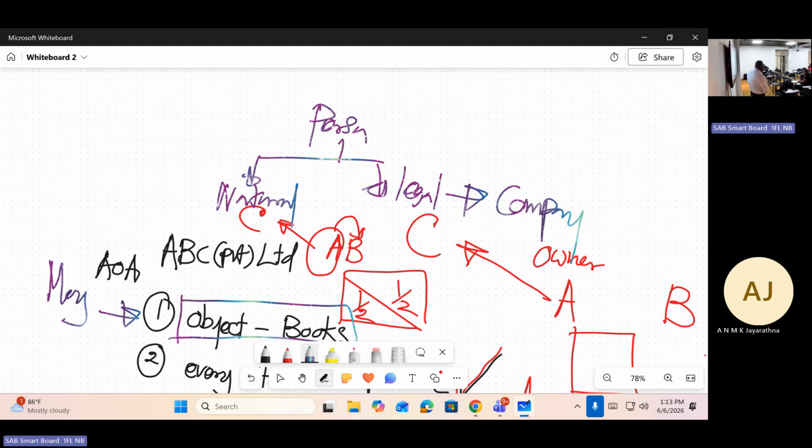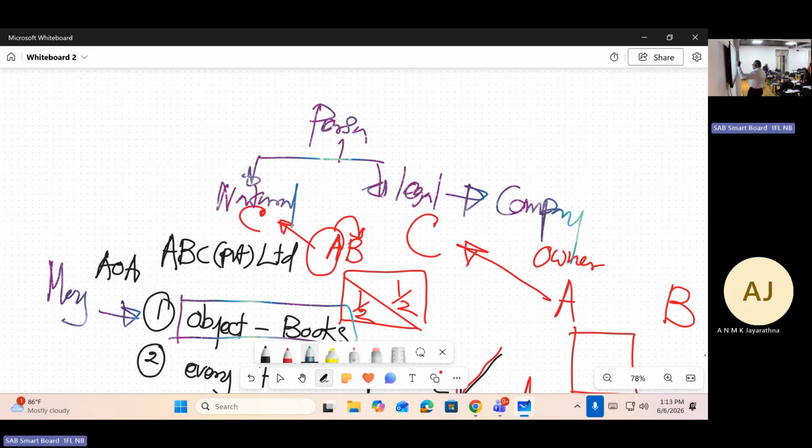Some natural persons are not of capacity to contract. Even though they are natural persons, they cannot engage into contracts.